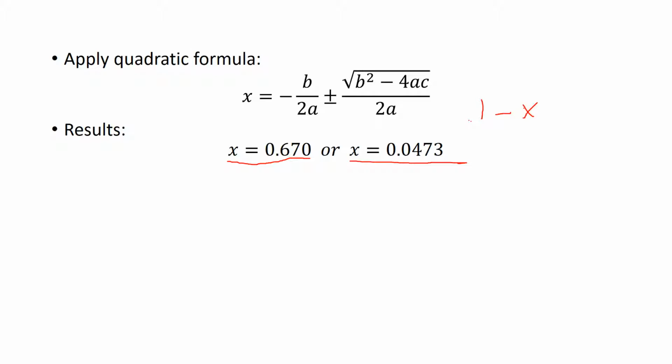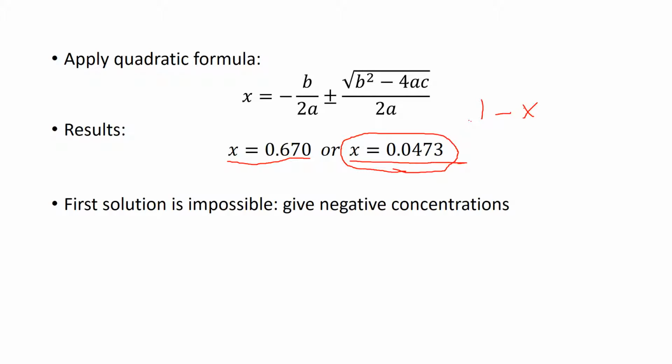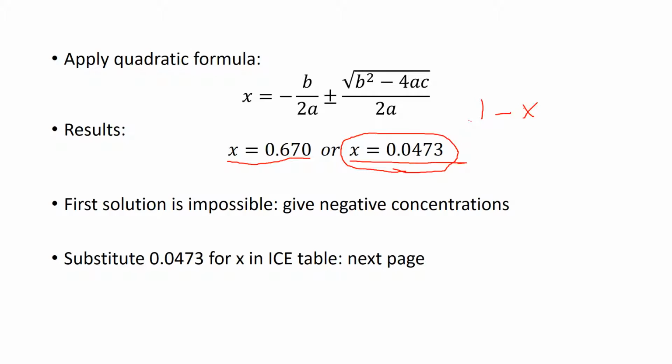And when we do an equilibrium problem where it comes out to be a quadratic, it's always true that one of the solutions doesn't make any sense and can be discarded. So therefore, this must be the solution. X is 0.0473. So as I stated, the first solution is impossible.